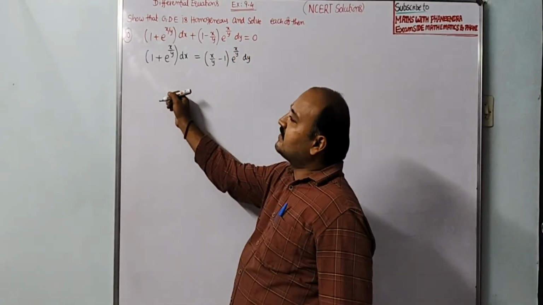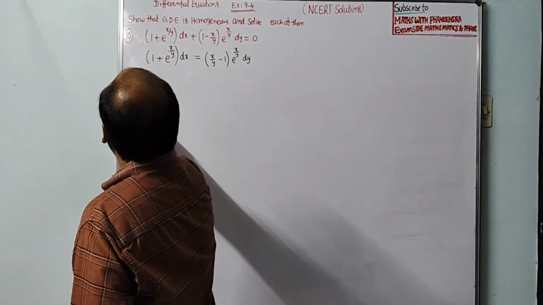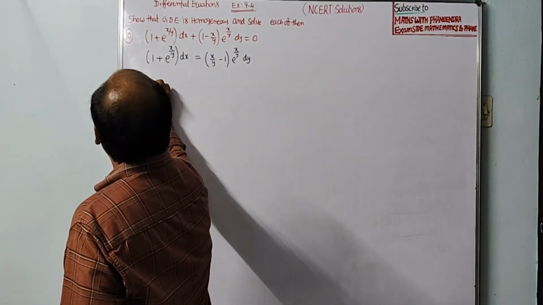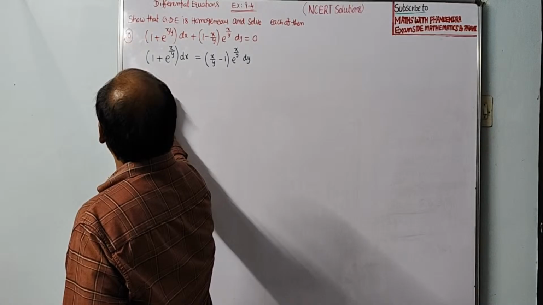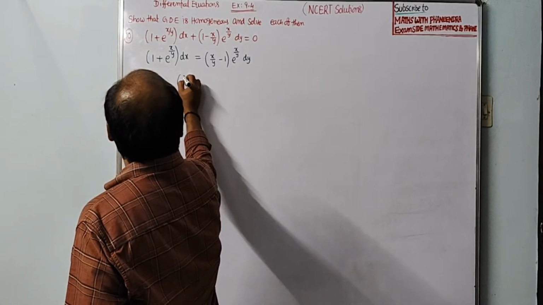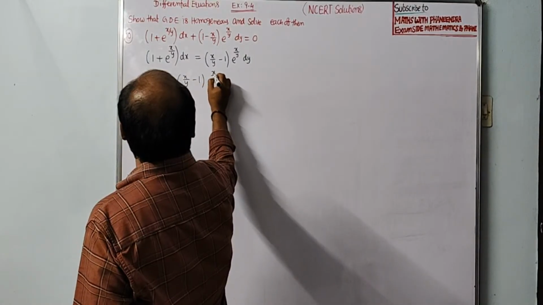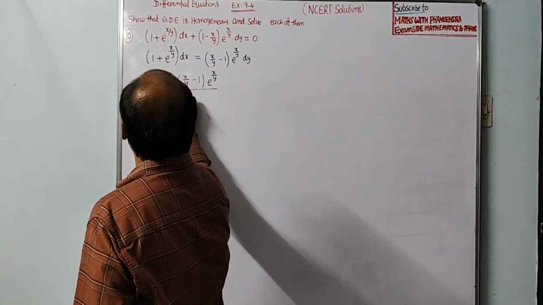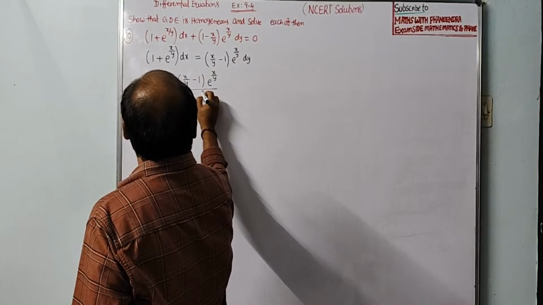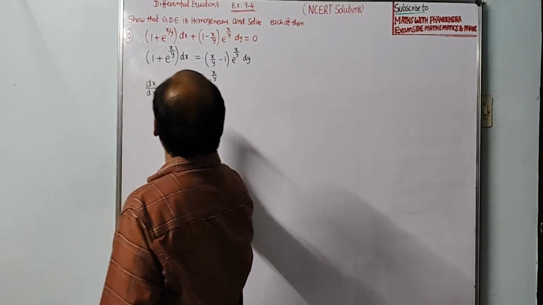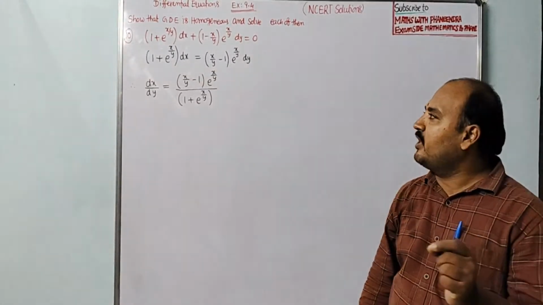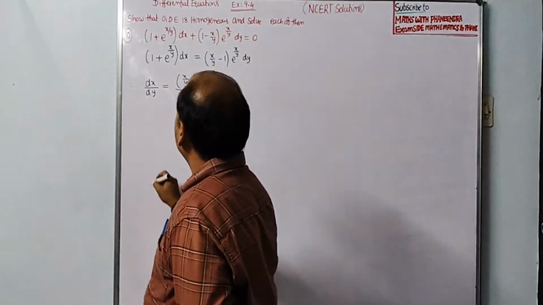So dy, bring this side. dx by dy is equal to (x/y - 1) e^(x/y) divided by 1 plus e power x by y. I hope everyone understands till this step.